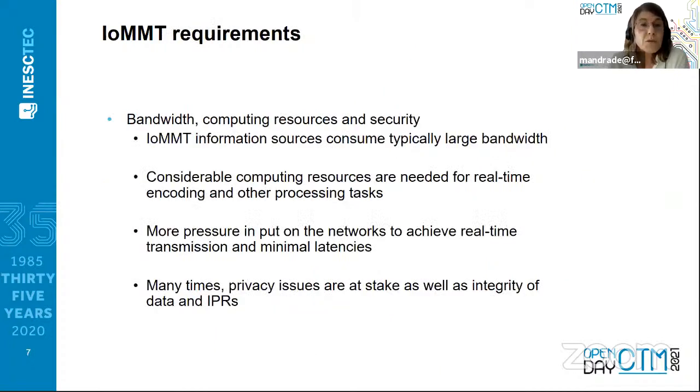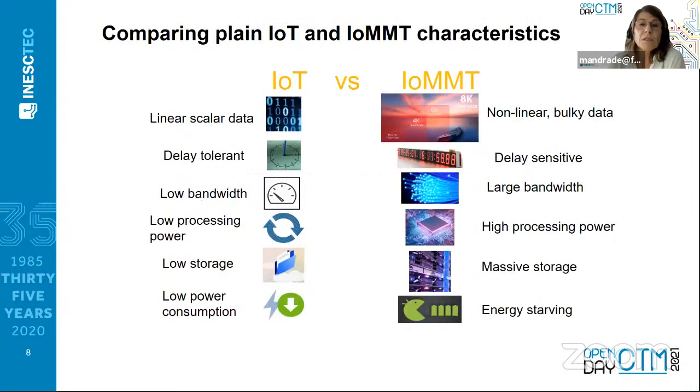Such entities pose a number of very stringent requirements on the available IoT infrastructure, especially due to the large bit rates that they generate, the real-time constraints, and also security aspects, which are very important when dealing with multimedia information.